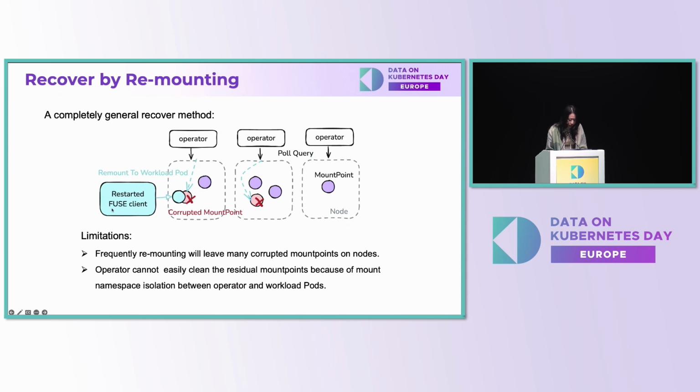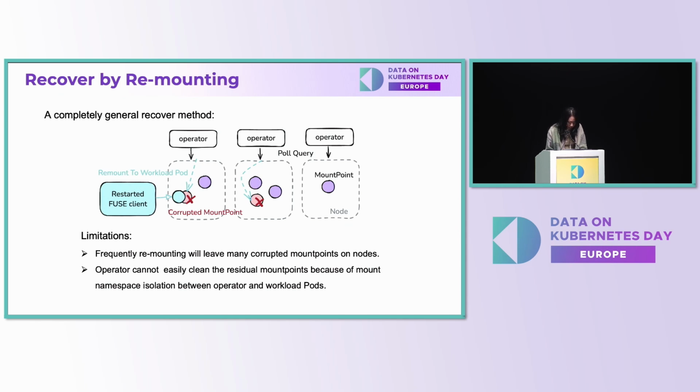It's not a strictly real-time method, and carries intervals needs to be well considered, but this method is compatible with any Fuse clients. However, in production practice, we found that this approach may have some limitations.